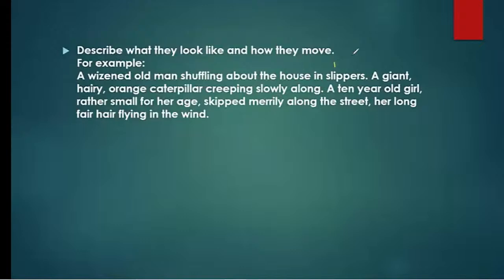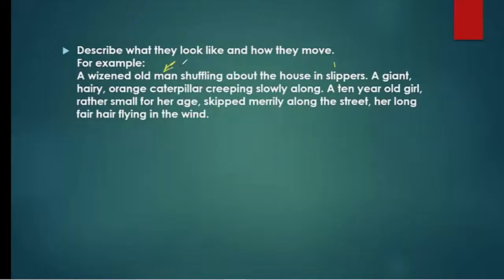A giant hairy orange caterpillar creeping slowly along. A 10-year-old girl, rather small for her age, skipped merrily along the street, long fair hair flying in the wind.